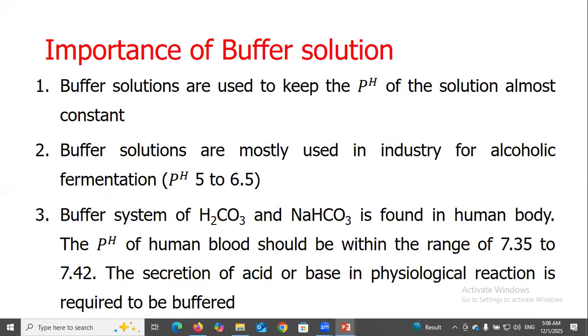Importance of buffer solution. Buffer solutions are used to keep the pH of the solution almost constant. Buffer solutions are mostly used in industry for alcoholic fermentation, pH range 5 to 6.5. A buffer system of carbonic acid and sodium carbonate is found in the human body. The pH of human blood should be within the range of 7.35 to 7.42.